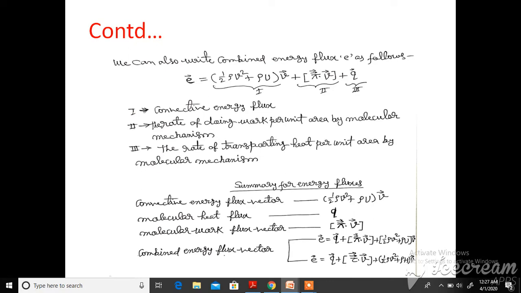The overall summary is given below: convective energy flux vector, molecular heat flux vector, molecular work flux vector, and combined energy flux vector. In the first case we consider internal energy, and in the second case we consider enthalpy. Thank you.